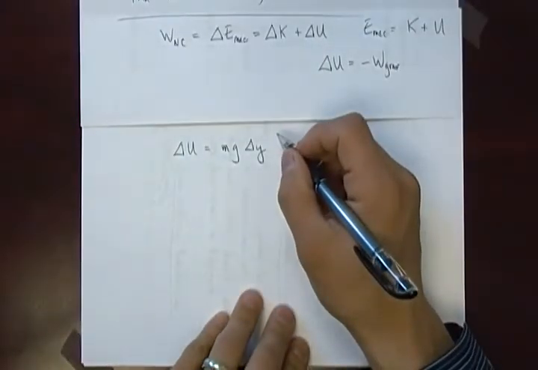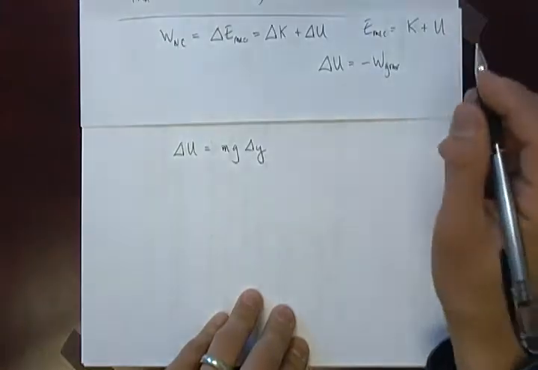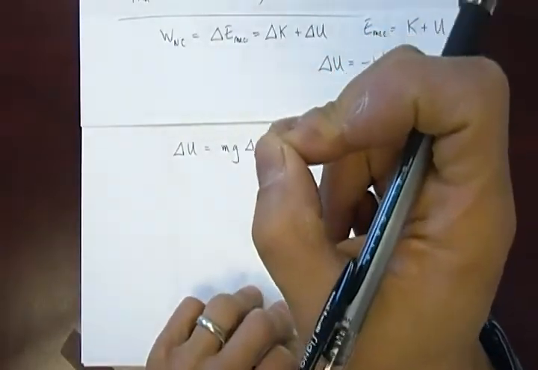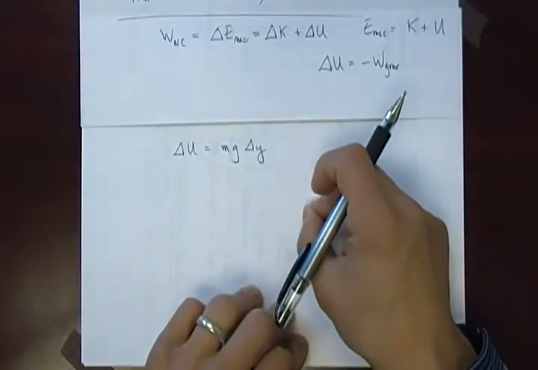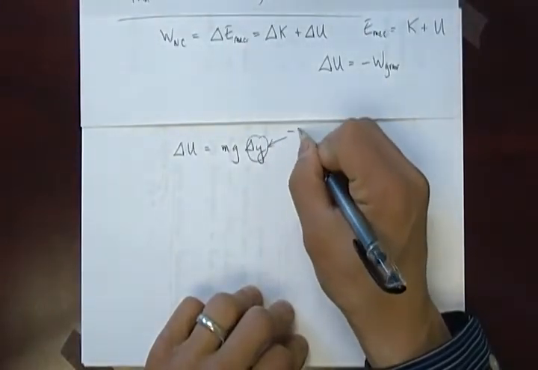We're told that it starts off at 5 meters high and goes down to the bottom, so the change in the vertical height will be -5 meters.